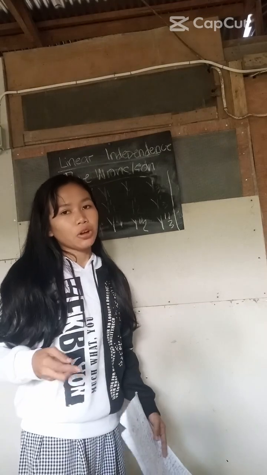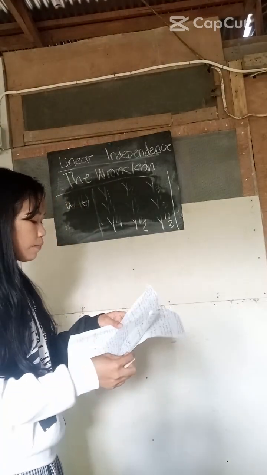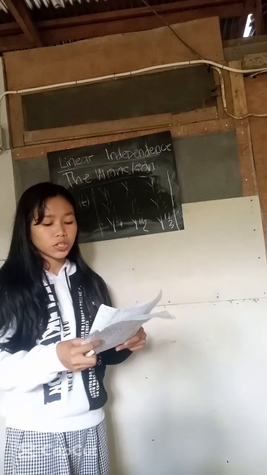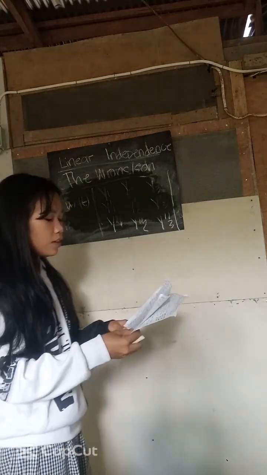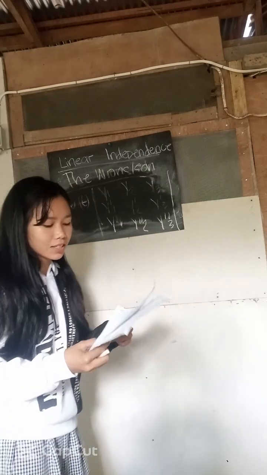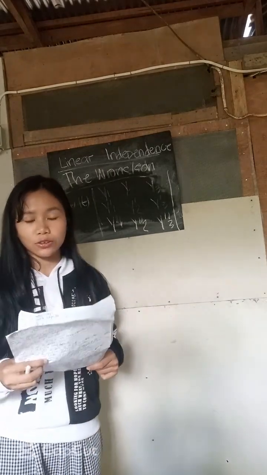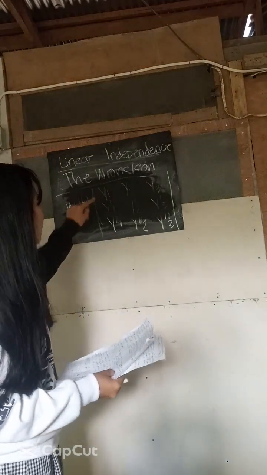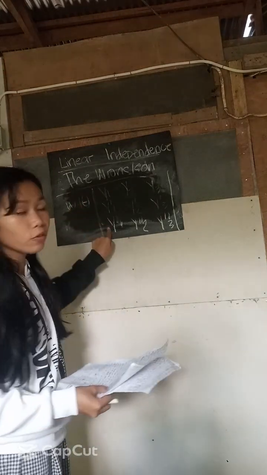So now let's talk about the Wronskian. So this is the Wronskian. Imagine I have three different functions. The Wronskian of those three functions is the determinant of the following matrix. The first column is y1, y1 prime, and y1 double prime.